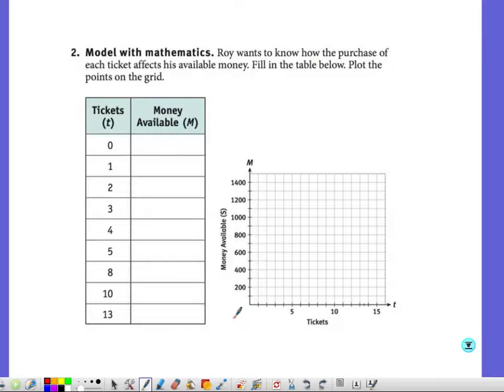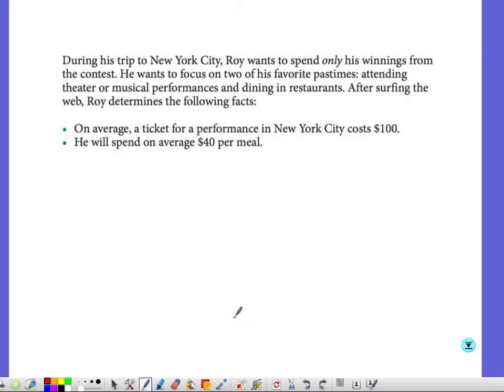Number 2. Roy wants to know how the purchase of each ticket affects his available money. Fill in the table below, and plot the points on the grid. Okay, so let's highlight two pieces of important information.